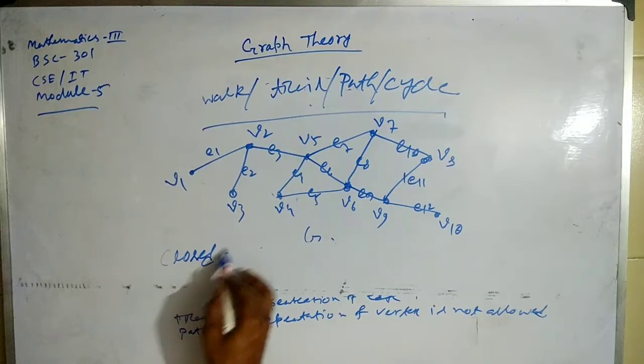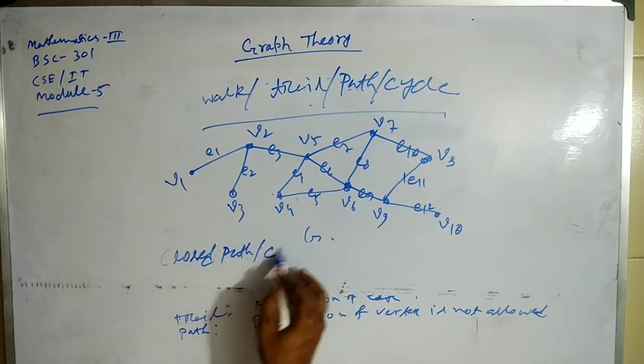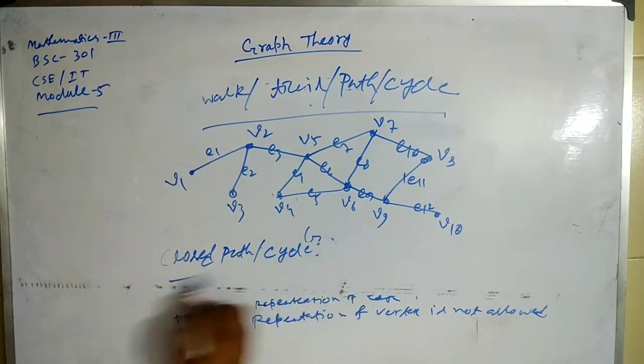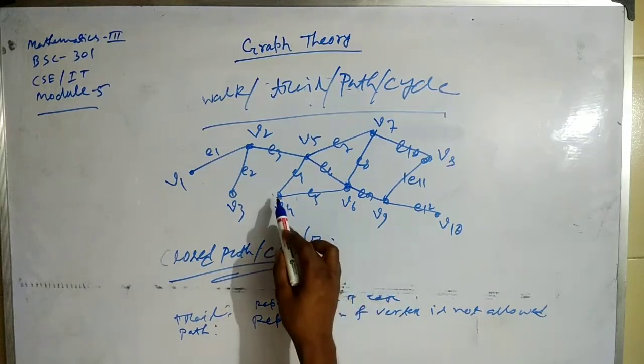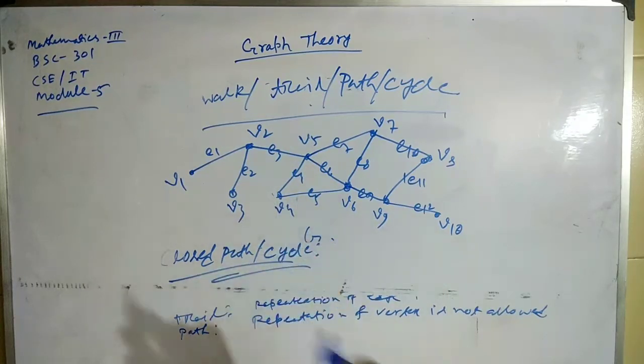Another name for a closed path is cycle. It is a path in which only one vertex is repeated, that is the start vertex as well as the end vertex. If we want to start from V4, we end at V4.